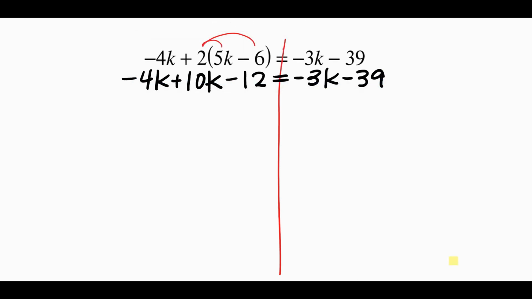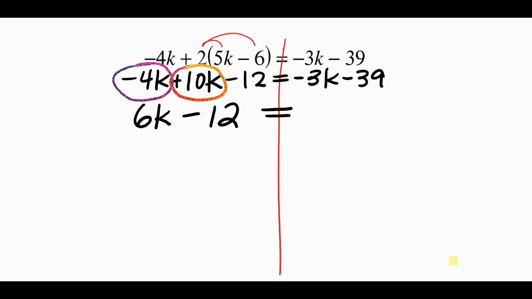So then on the left side, I have a negative 4k and a positive 10k. So I have different signs, so I'm going to subtract and take the sign of the bigger number. 10 minus 4 is 6, positive 6k. I also have a negative 12 on this side. Bring down my equal sign, and don't forget the negative 3k and the negative 39 on the other side.